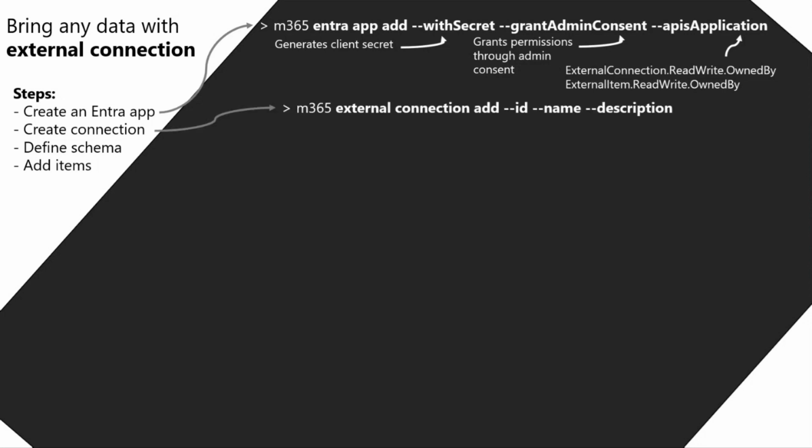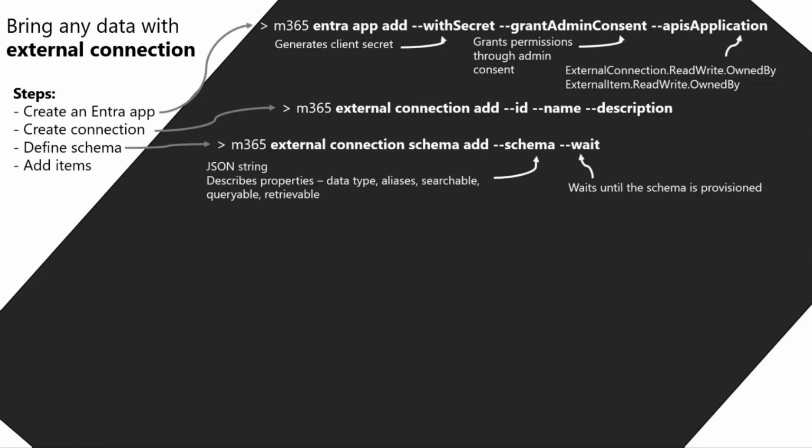The second step is to create an external connection using the command external connection add, where you specify the ID, name, and description of your external connection. And once you have created the external connection, you need to create a schema which will describe your data. Imagine a schema as a list of properties you want to add to the connection.